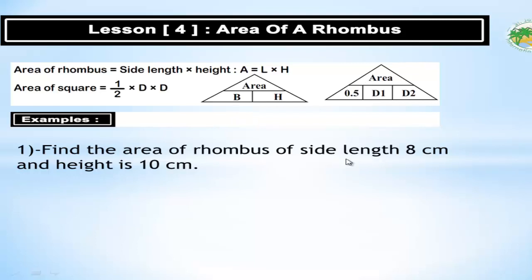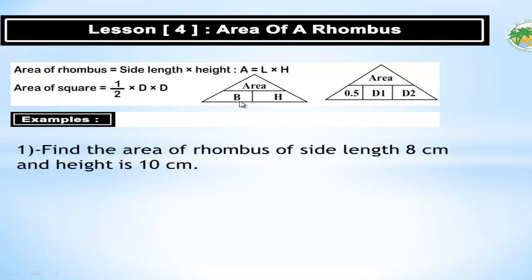Here the side length of the rhombus is 8 cm and its height is 10 cm. Then which rule? Base times height or half times D1 times D2? So, base times height. The base is the same as the side length.